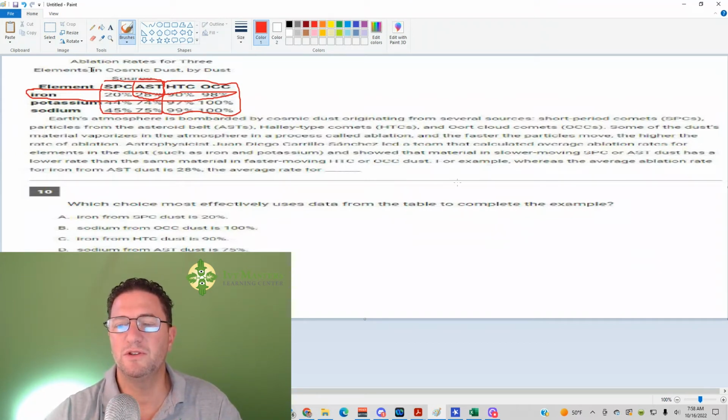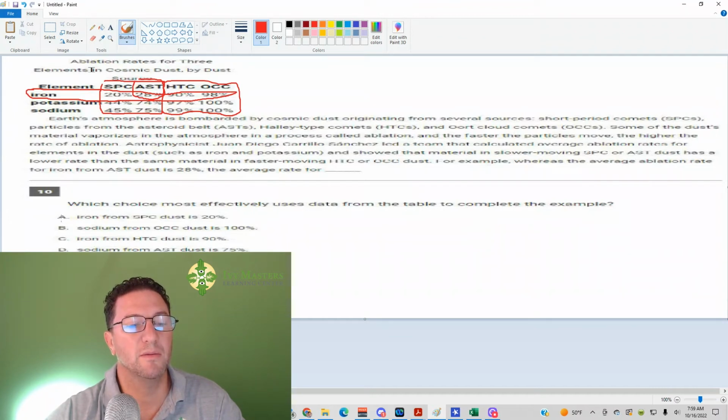And what was just stated is that SPC and AST has a lower rate. So if we're comparing iron, we've got to compare iron to iron. So this is where you make your prediction, anticipate your answer. And what am I anticipating? It's got to be talking about iron so we can compare apples to apples, but it's going to talk about HTC or OCC. And so we go to our answer choices.